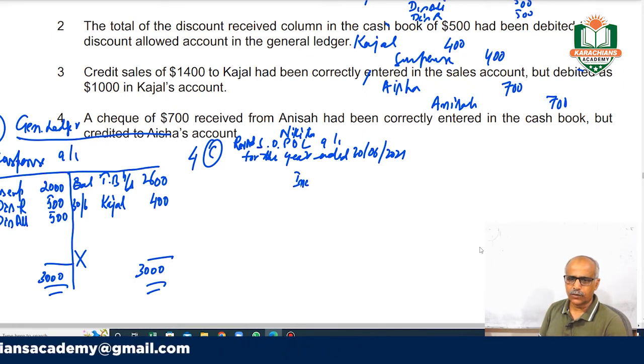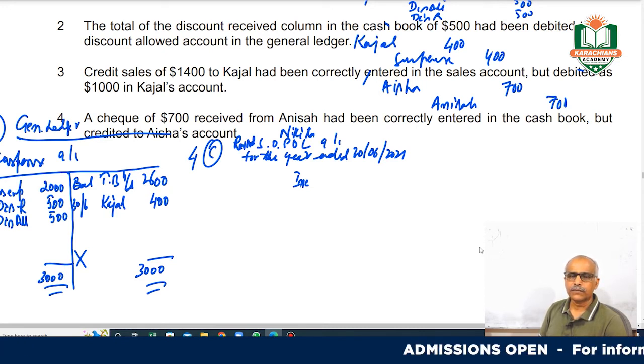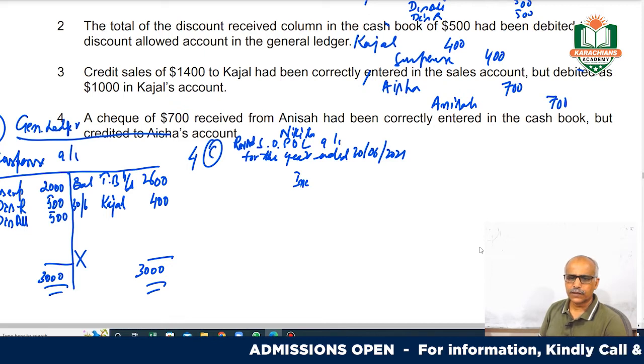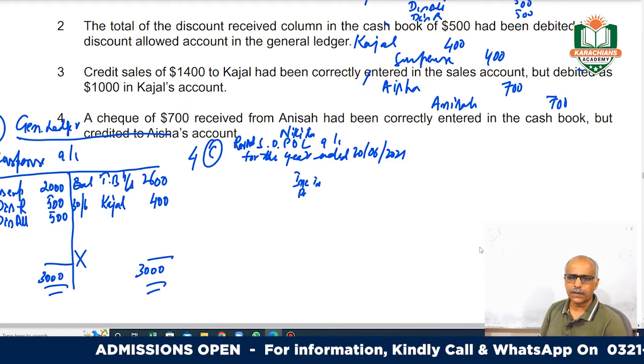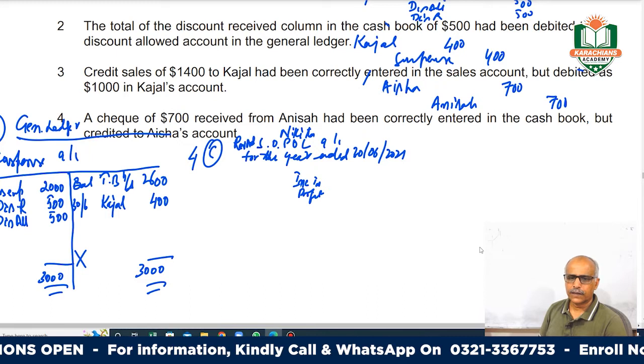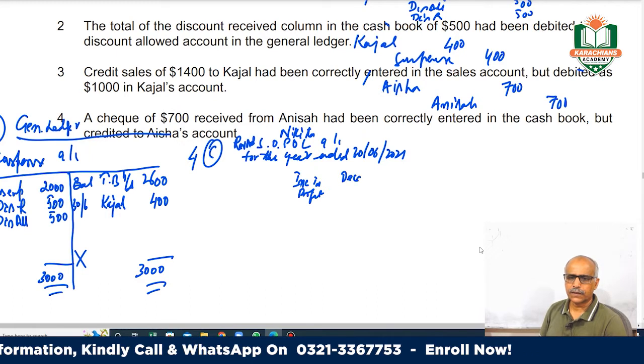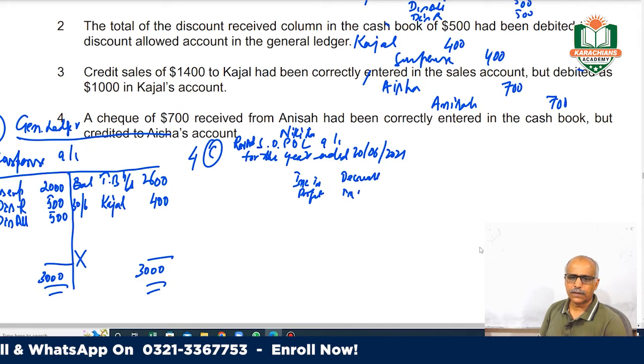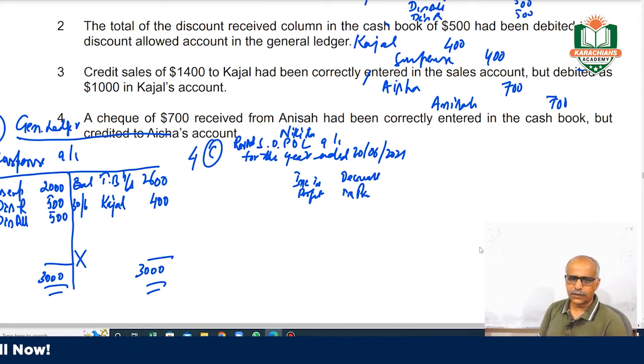As required in the statement, in the format given in the question: increase in profit and then decrease in profit, and this is your draft. What is your draft profit?